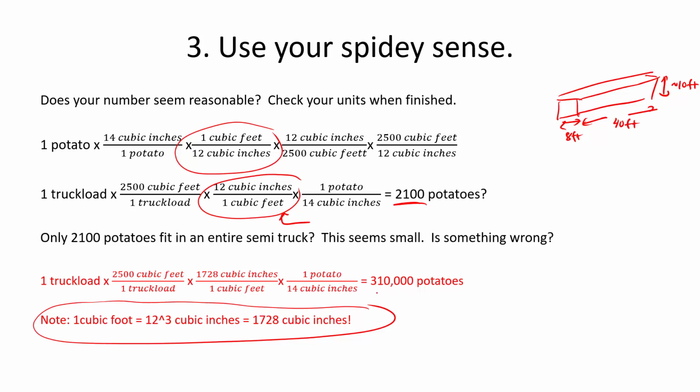So in fact, we should have calculated something more like 310,000 potatoes would fit in a semi-truck, which is a lot more potatoes. So please be very careful there. Make sure that you watch your units, especially this detail for the number of cubic inches per cubic foot.